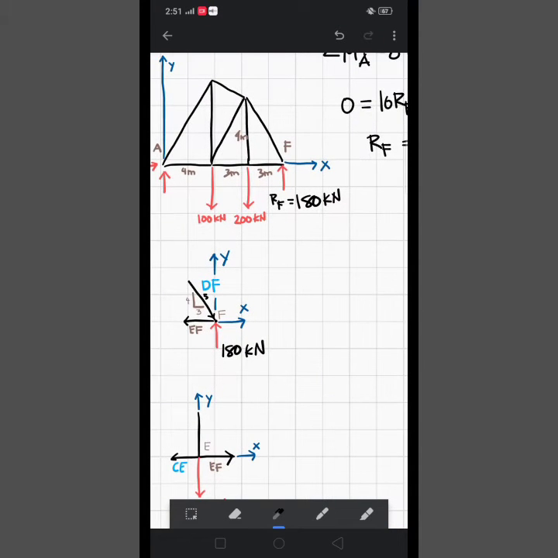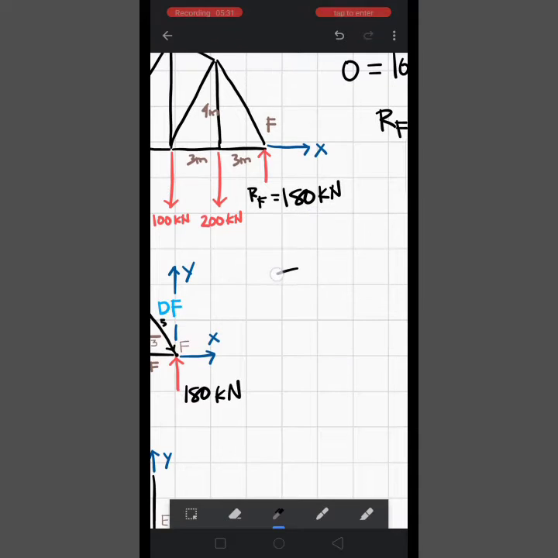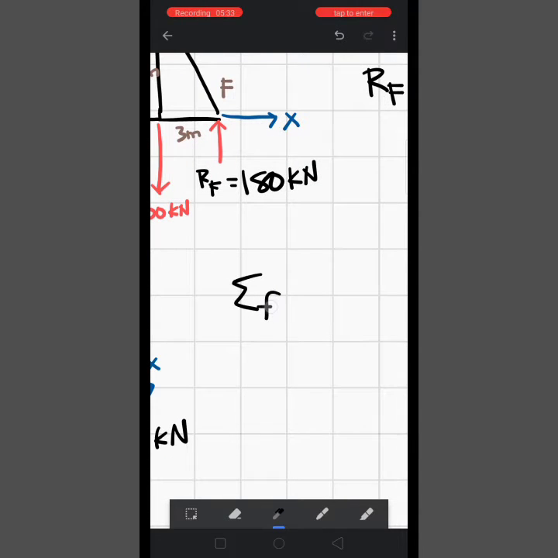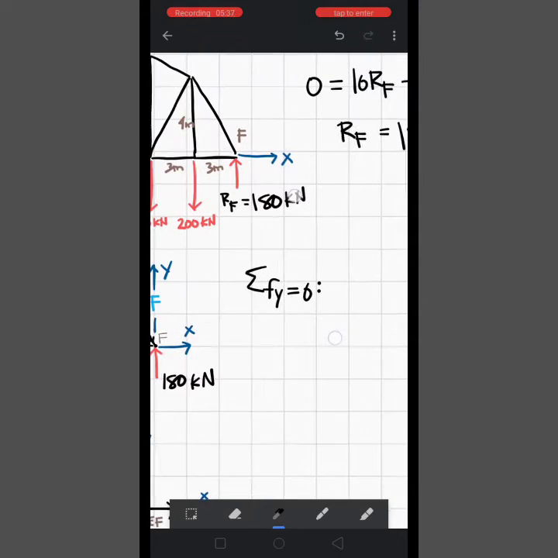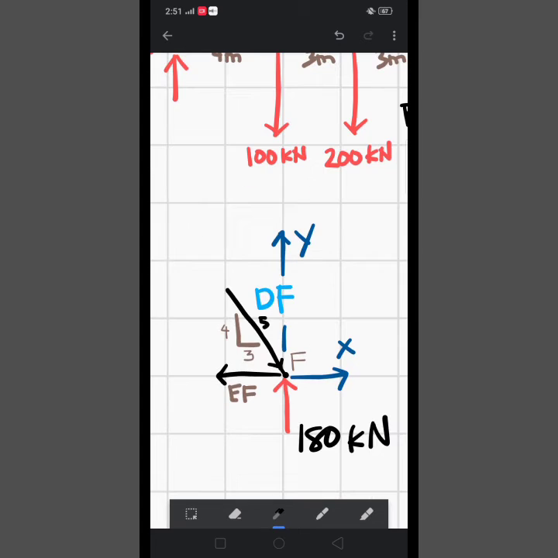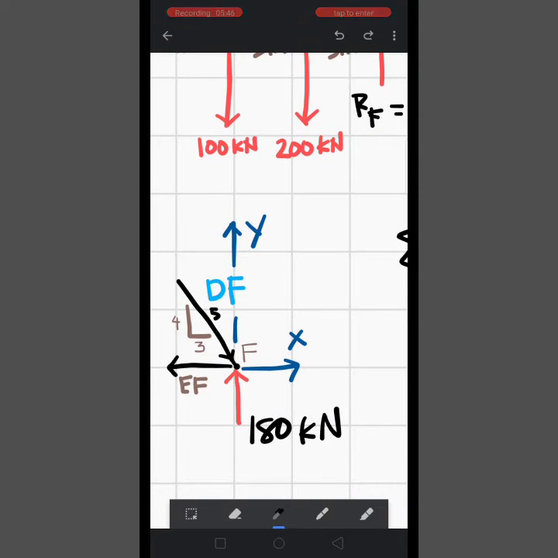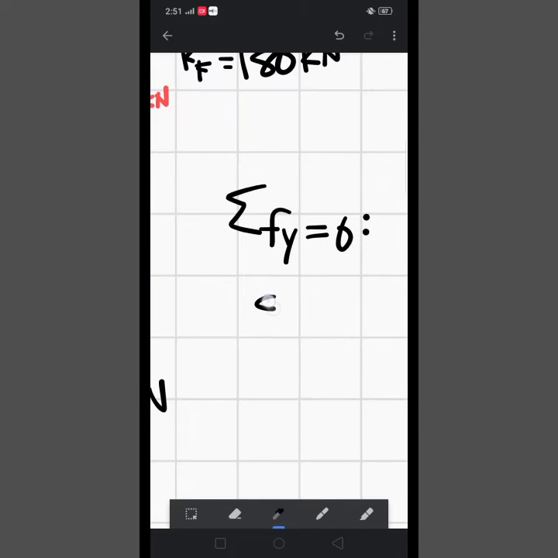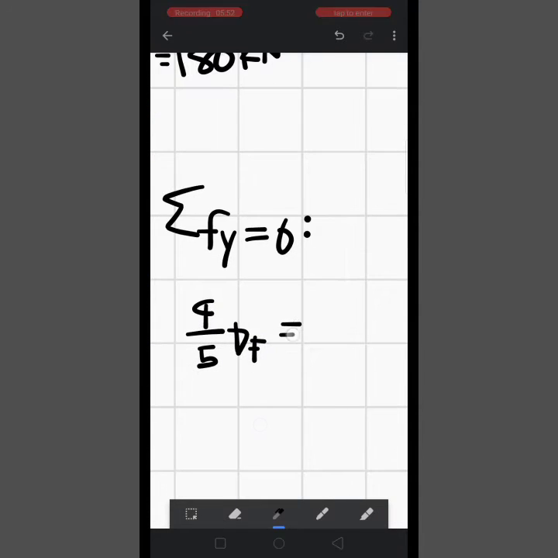Now, if we take the sum of the forces in the y direction equal to 0, we can then have 4/5 of DF, because it's the vertical component, equal to 180.